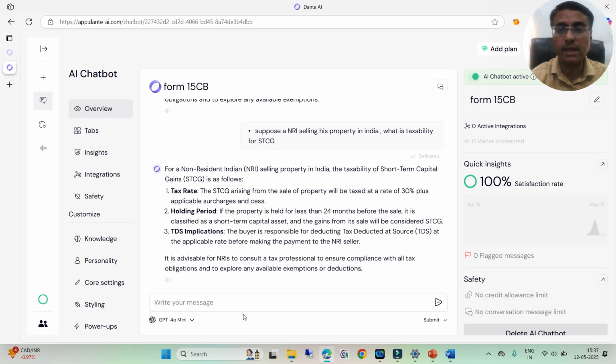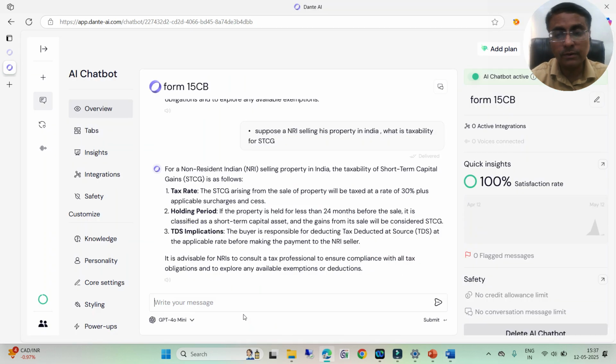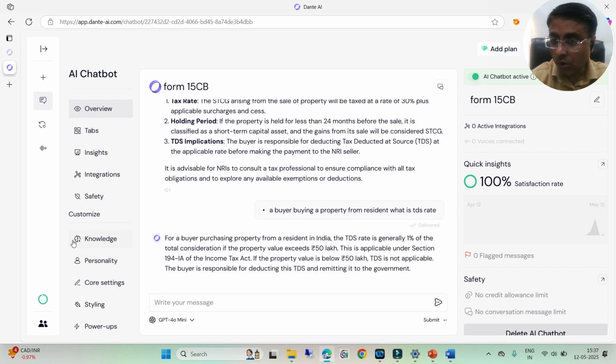My AI gave this answer because I have trained it by giving very different kinds of concepts, by filing and giving all thorough knowledge and asking each question of this AI. Then this AI is able to give me the correct answer. I asked this question: if a buyer is buying property from a resident, then this AI gives a beautiful answer from the perspective of domestic taxation: 194-IA, 1% in case of more than 50 lakh.